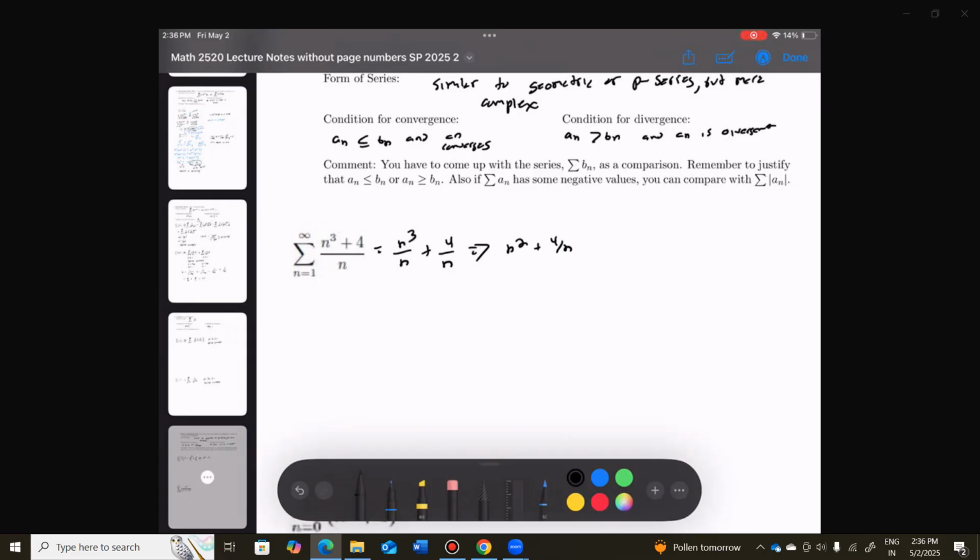And as n goes to infinity, this goes to 0. So it becomes just n squared. And we can write this as 1 over n to the negative 2. So this is a p series, for p equaling negative 2. So p is less than or equal to 1, so n squared diverges.